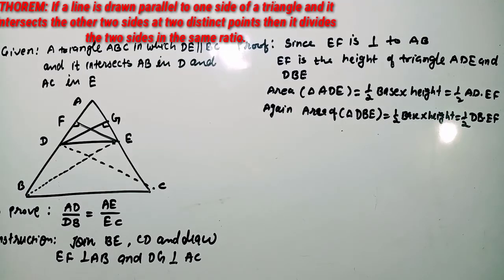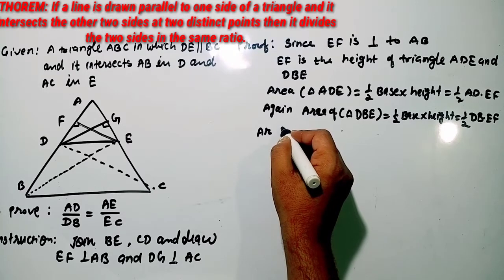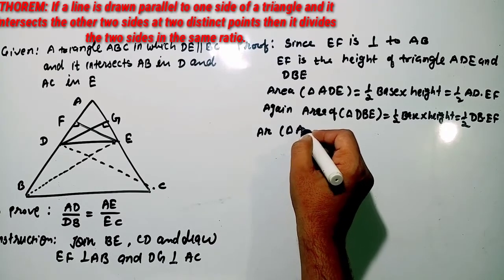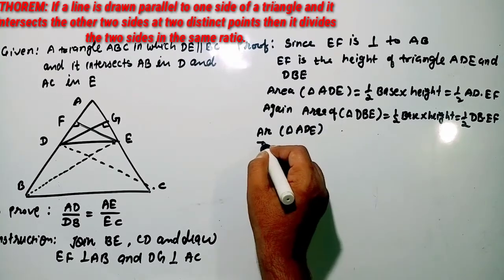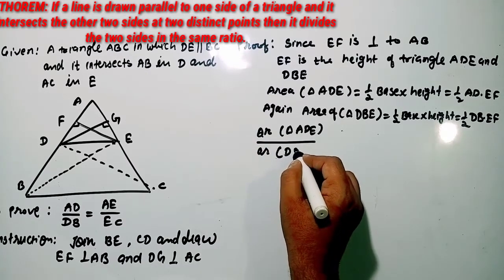Now students, taking the ratio of these two results, area of triangle ADE upon area of triangle DBE.